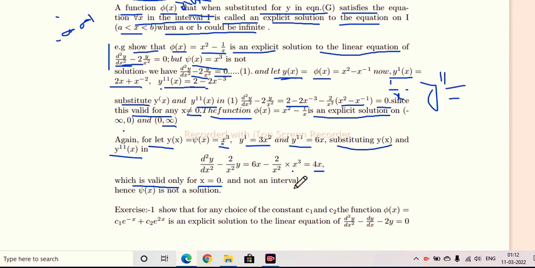So this is valid for x equal to 0 and not in any interval. So sin x is not a solution, not an explicit solution.